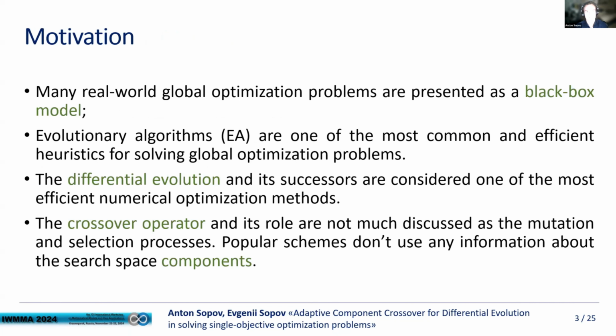First of all, many real-life engineering problems are presented as a black box model where the objective function is unknown, and therefore we cannot use traditional mathematical methods. In this case, different heuristics and metaheuristics are applied, and evolutionary algorithms are considered one of the most common and efficient methods for solving this kind of problem.